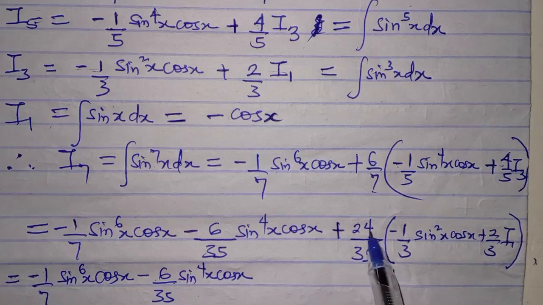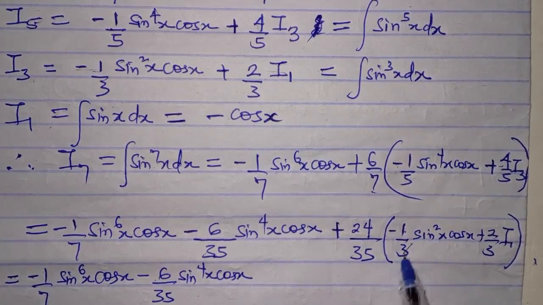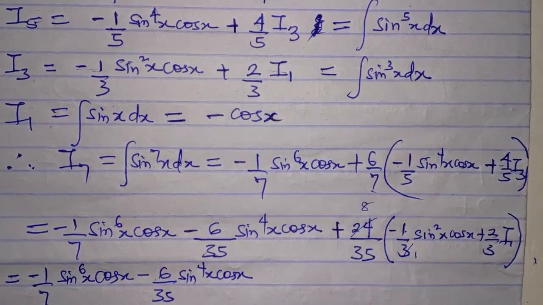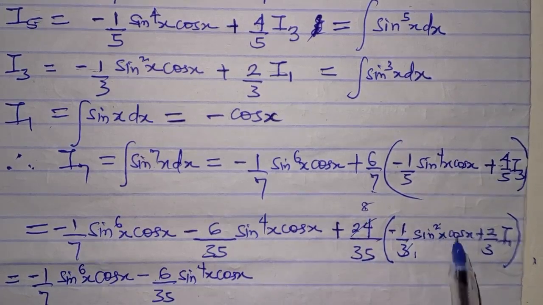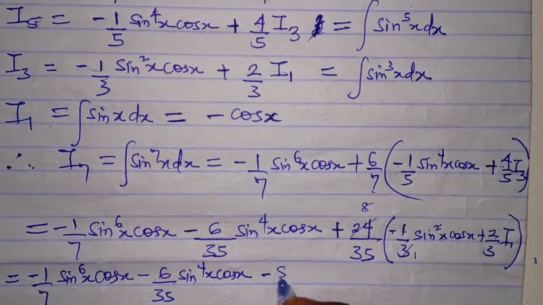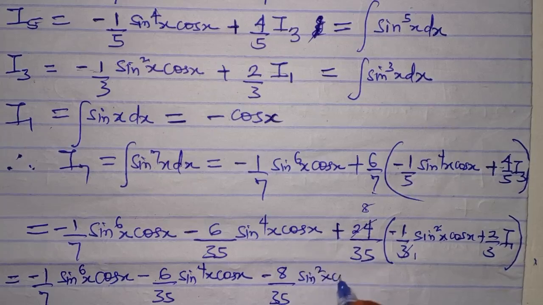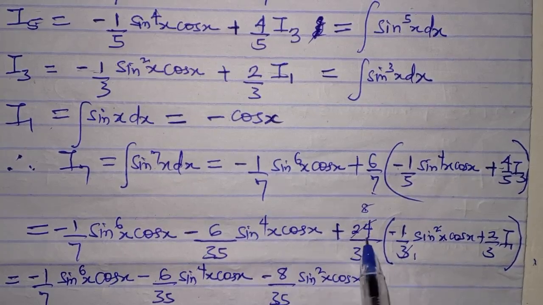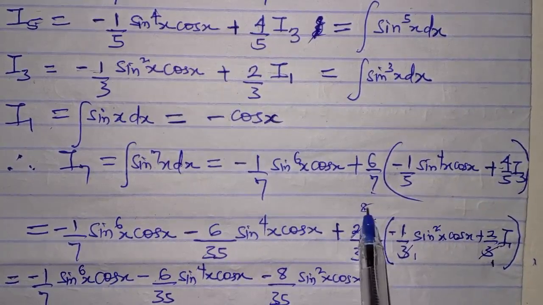Okay, if I multiply 24 over 35 by minus 1 over 3, 3 here is 1, 3 here is 8. So that will be minus 8 over 35 sine squared x cos x. If I multiply this by this, 3 here is 1, 3 here is also 8.